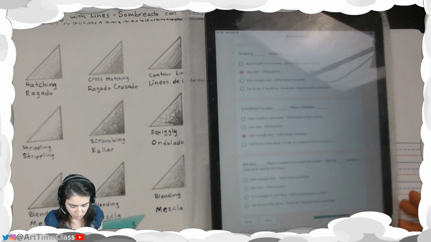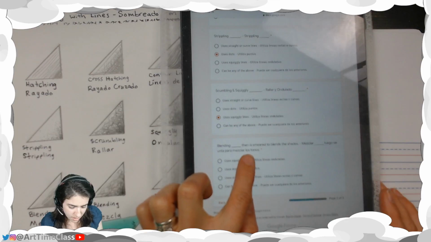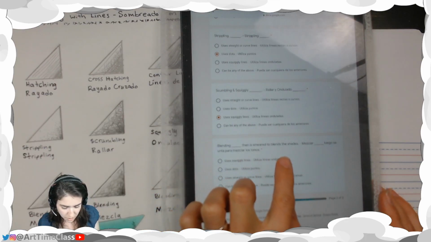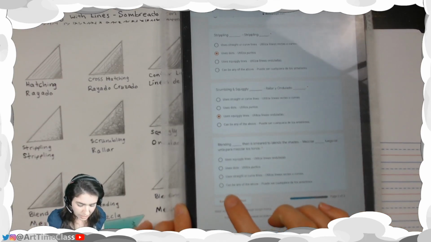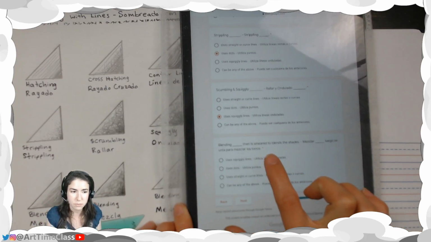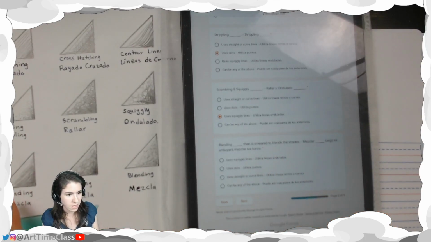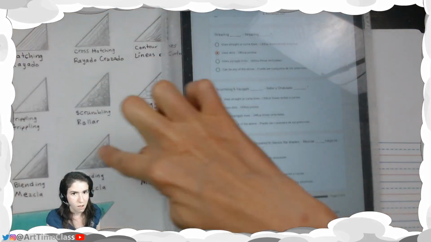And then the last question. Blending, blank, then is smeared to blend the shades. Blending can be any of the above. So that's this guy down here, blending. You have 3 different examples because they can use all 3 of those.